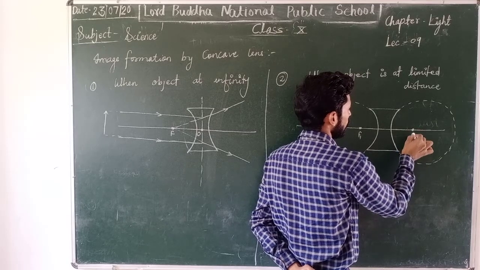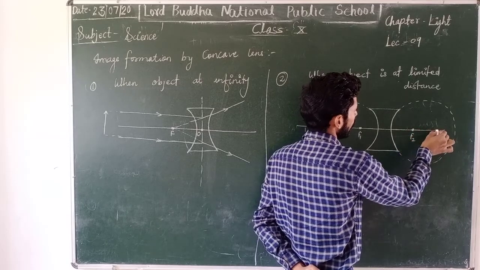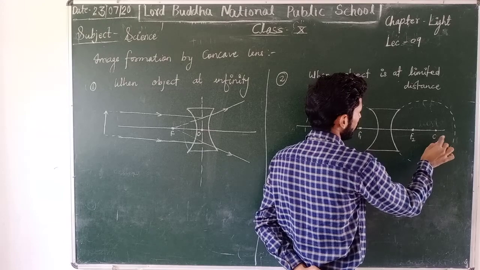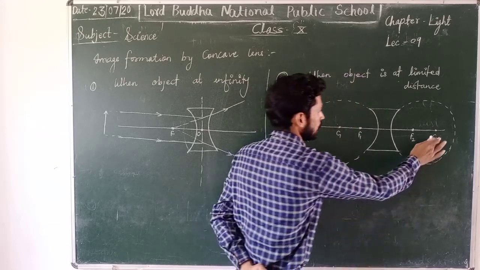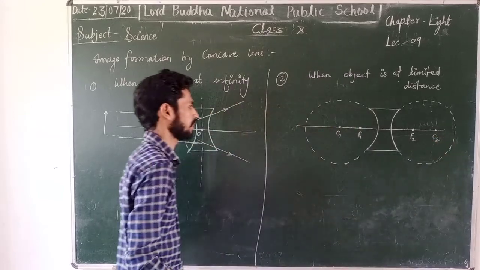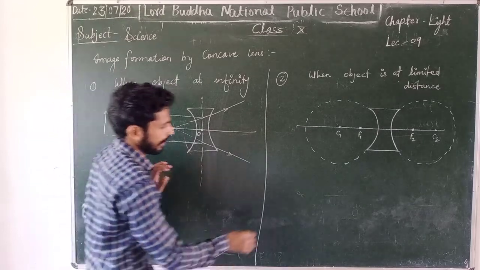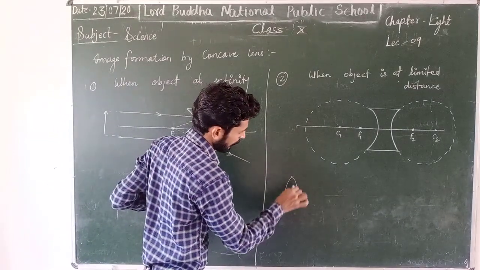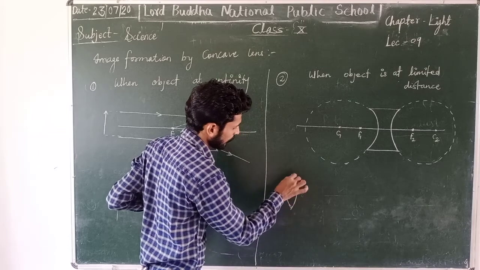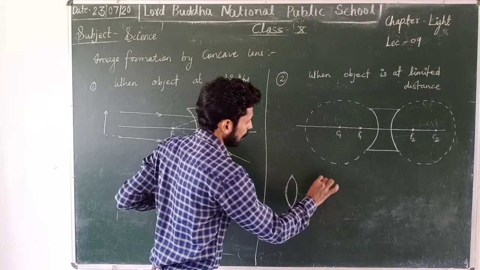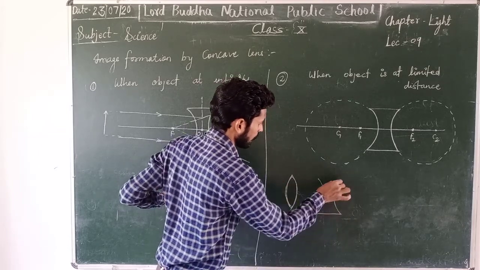Suppose that this is the secondary focus F2 and the secondary center of curvature C2. But why? You can make a comparison between the convex lens and the concave lens.